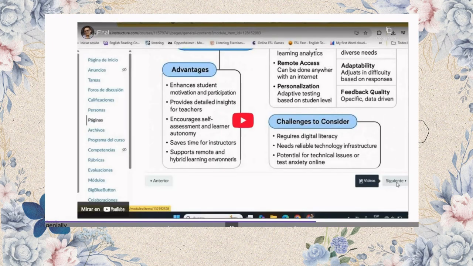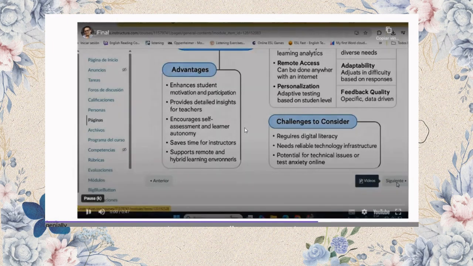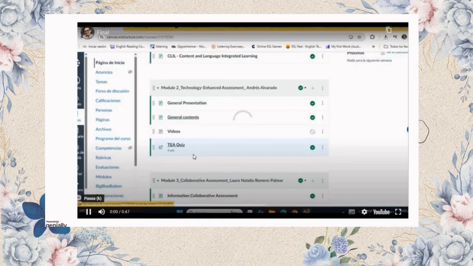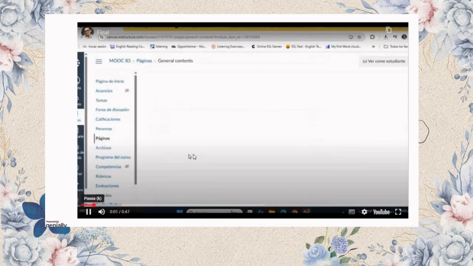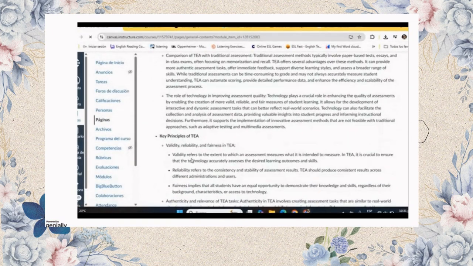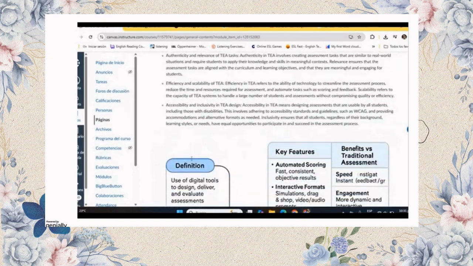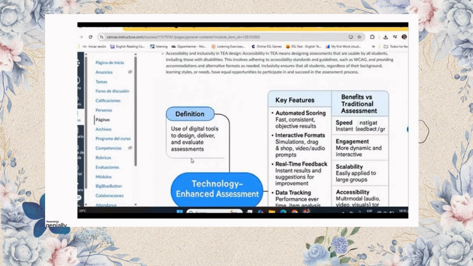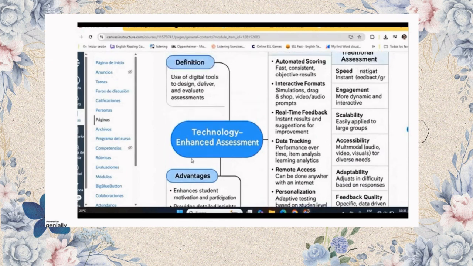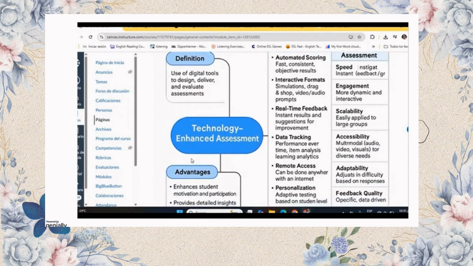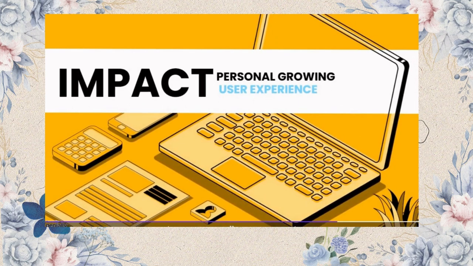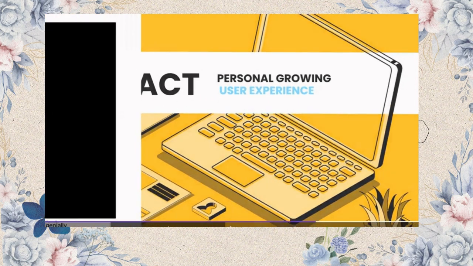In this final video is the final result of the course. We include a graphic, a mind map with the main aspects to summarize all the main aspects of the course to make the information more accessible to the users.